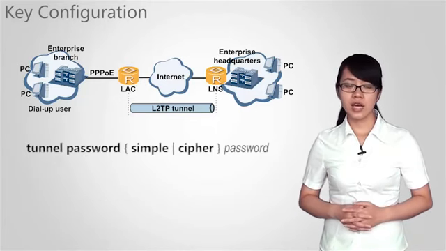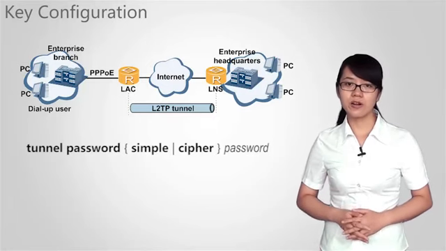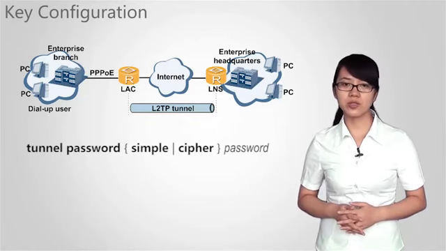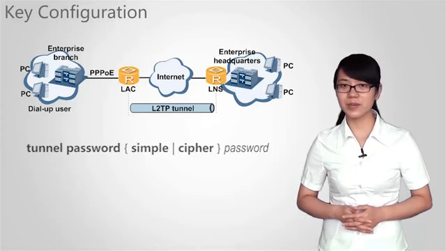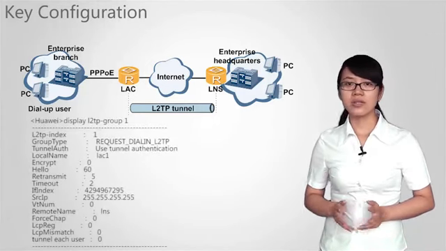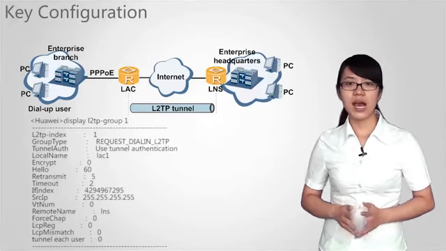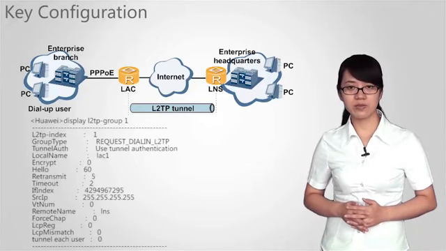By default, tunnel authentication is needed in the L2TP group. Therefore, you must configure the same authentication key in the L2TP group on both ends. Otherwise, the L2TP connection cannot be established. The configuration takes effect only after L2TP is globally enabled. After the configuration is complete, you can check the L2TP group configuration.